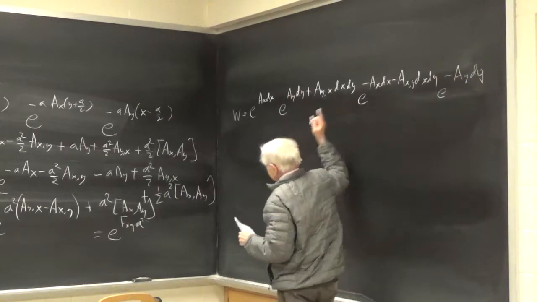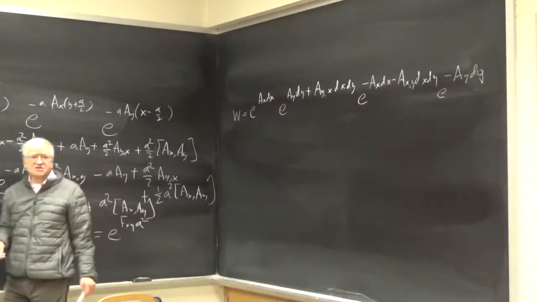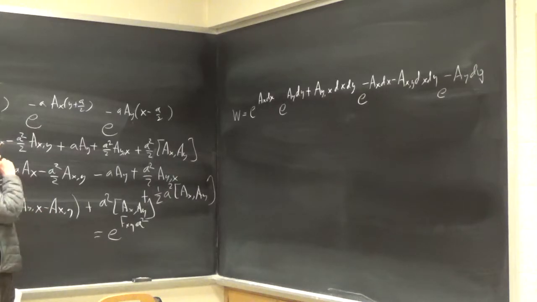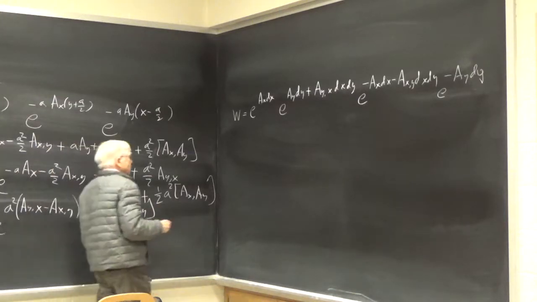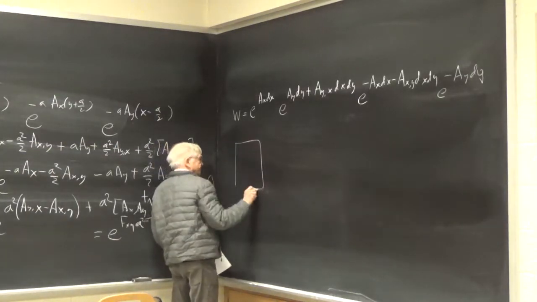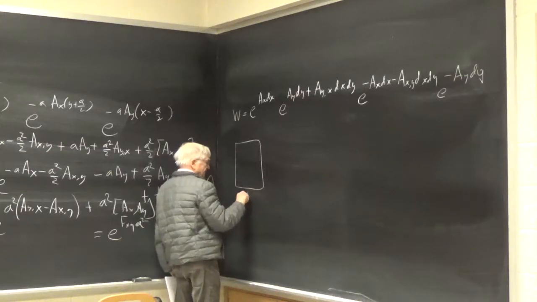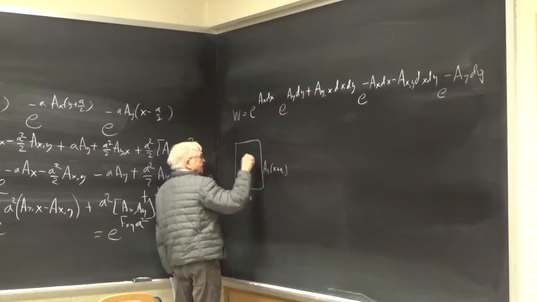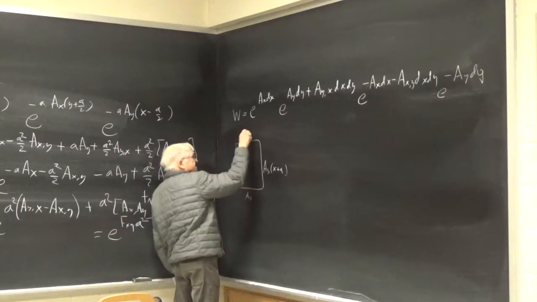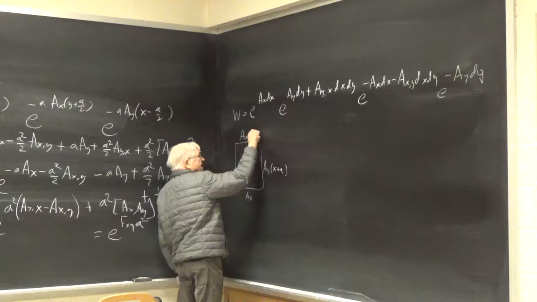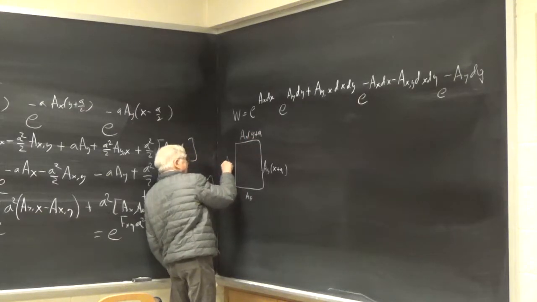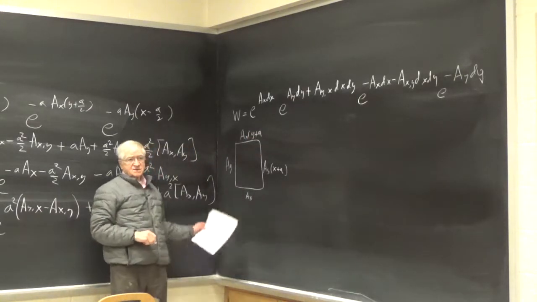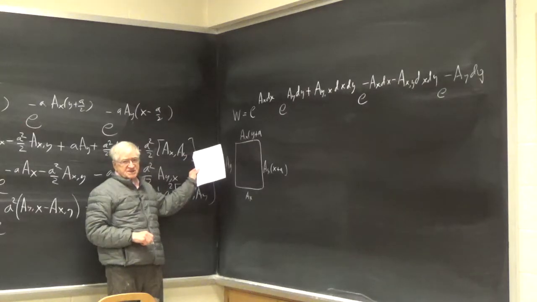So this is the way I did it last time, although I'm changing the signs a little bit. In this case, I'm just calling the fields A_x, A_y at x plus a, A_x at y plus a, and A_y like that. So this is a simpler representation.